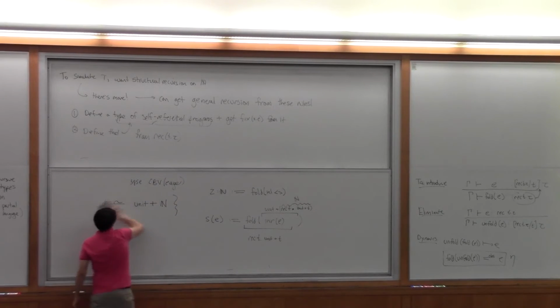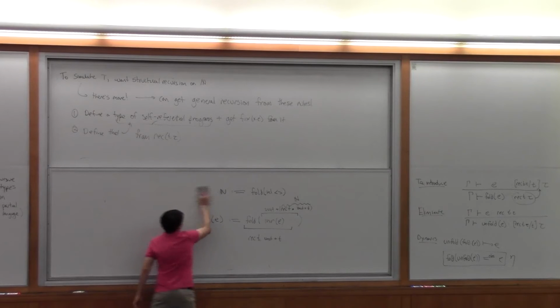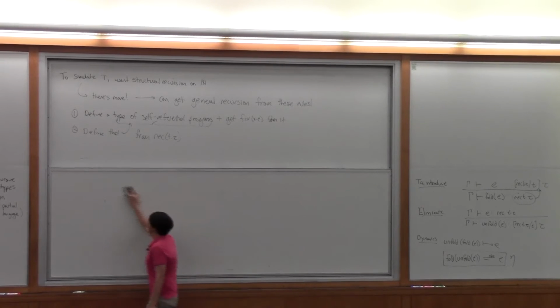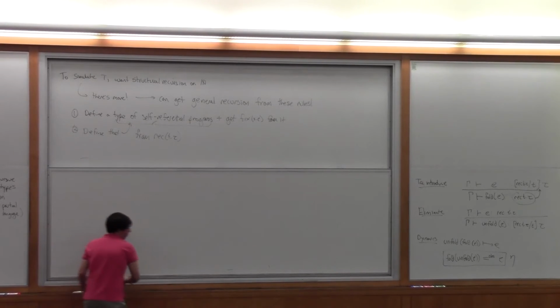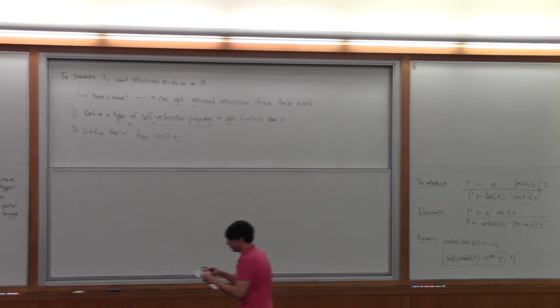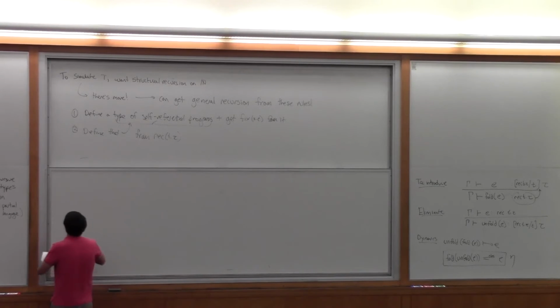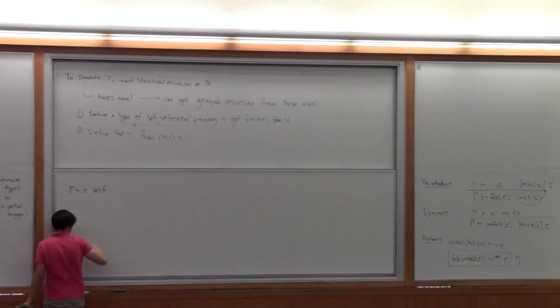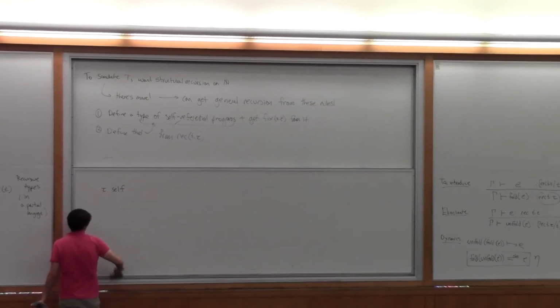So here's the idea with the intermediate construction. What we want is a type tau self, which is going to be a type.